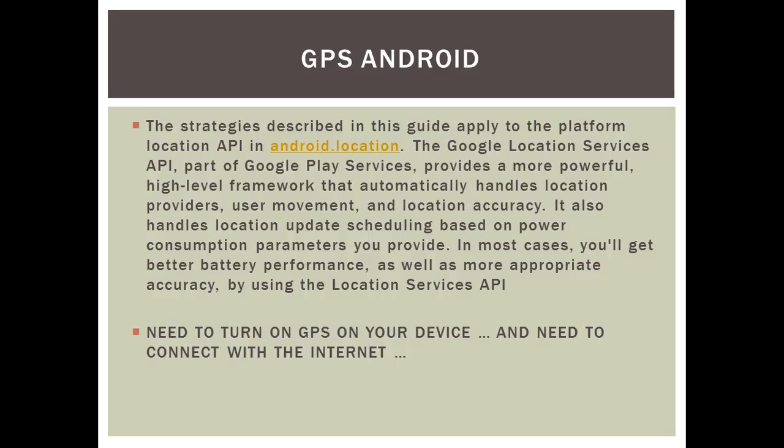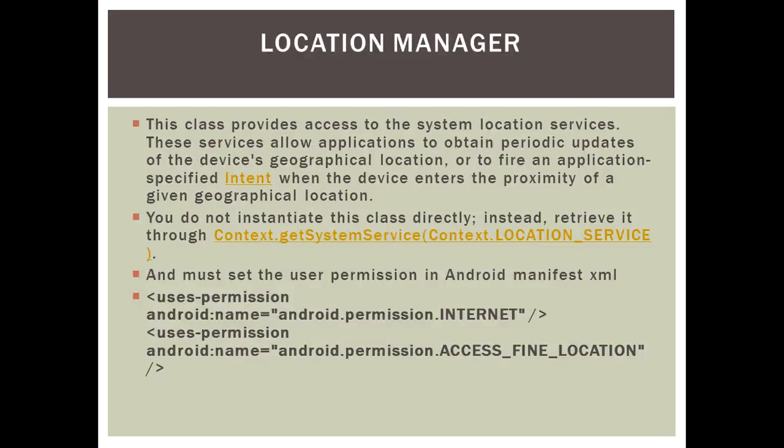Then there are the Google Location Services APIs, part of Google Play services, which provide a more powerful, high-level framework that automatically handles location providers, user movements, and location accuracy. We need such classes inside this package. Most important, we have to turn on the GPS on our devices.